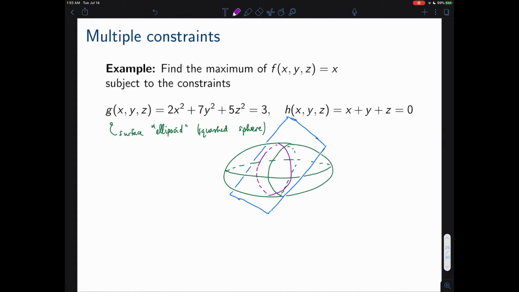Okay, so the idea is that instead of having parallel gradient vectors, the gradient vector of the objective, instead of just being parallel to the gradient of one constraint or the gradient of the other constraint, so it's not just a scalar multiple of the first one, and it's not just a scalar multiple of the second one.